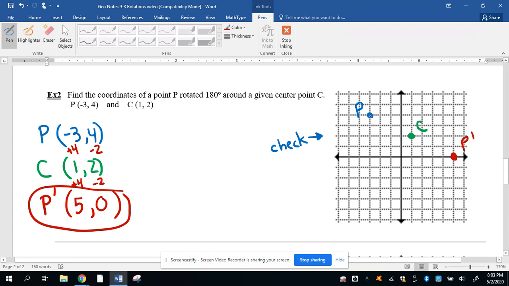And you can easily see not only is this a rotation problem, it is also a midpoint problem. And again, you can see that clearly by going from our P value, we went to the right by 4, and from C in the x direction, we went to the right by 4, and then in the y direction, we went down by 2, and we went down by 2.